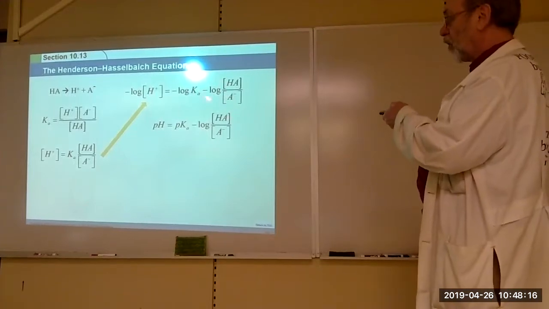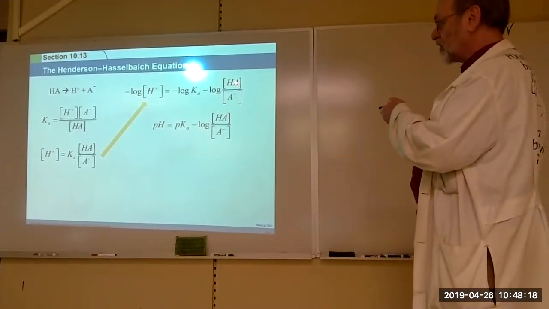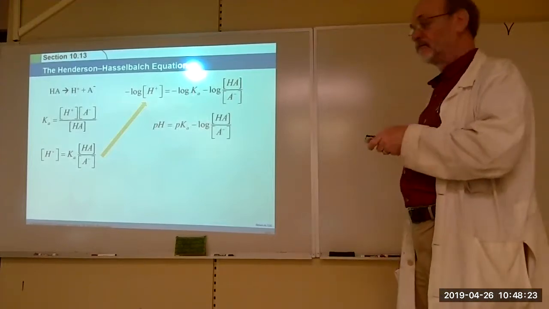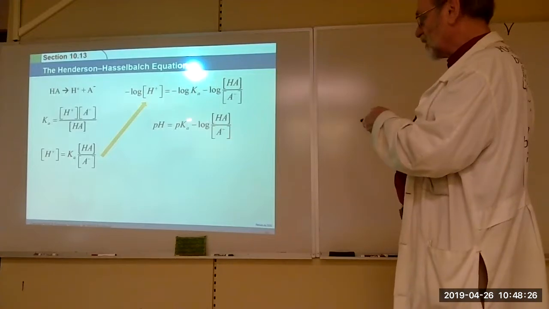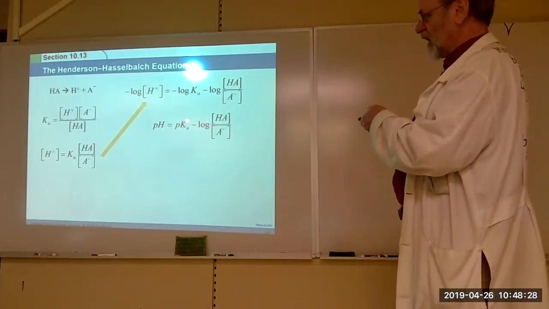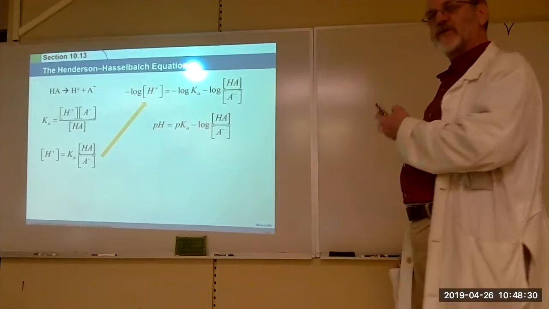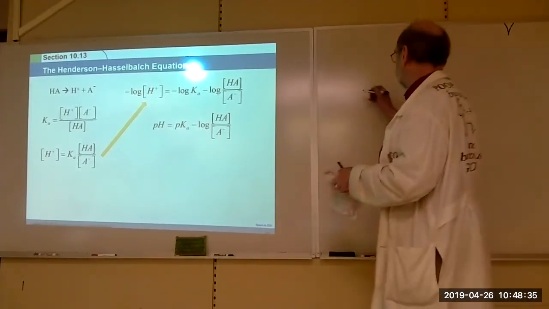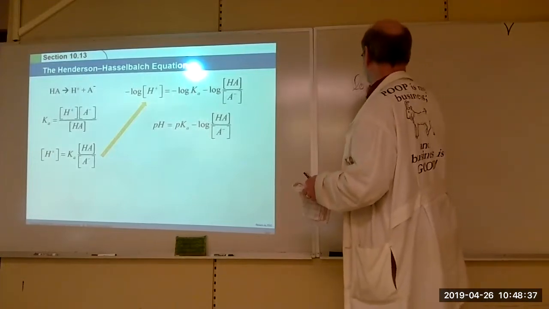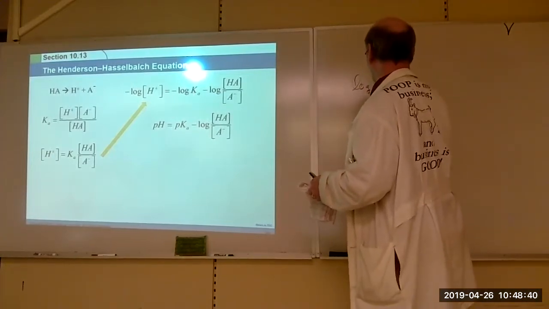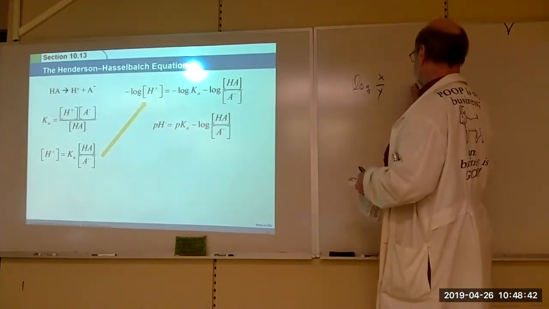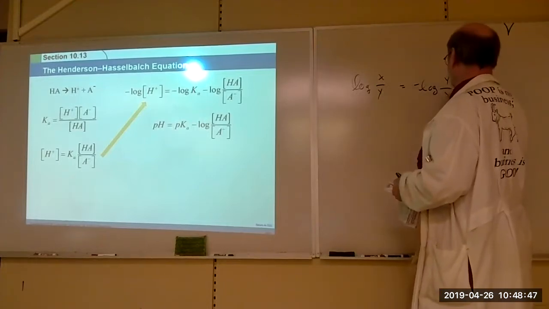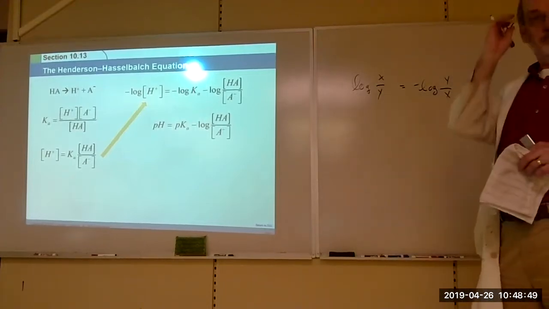And we don't want to resolve this one yet because the ratio here, that's the important key to our buffer. So we're going to leave this one here, except we don't like that negative sign. So it's characteristic of log expressions: if you have the log of x over y, that's equal to the negative log of y over x. Okay?